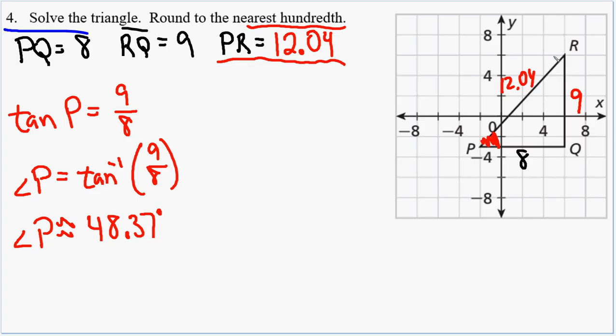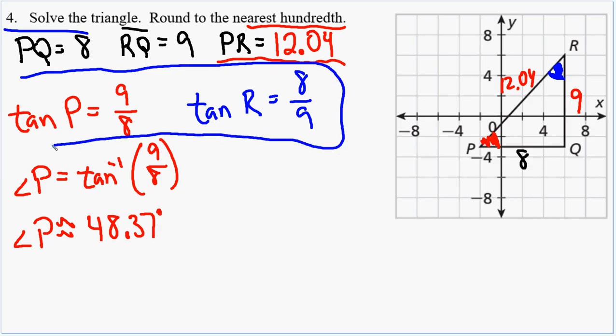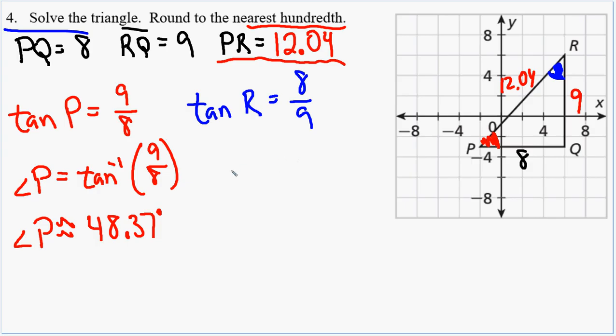Now I'm going to switch to blue ink, and I'm going to come up here to angle R. And from angle R, 8 is opposite, 9 is adjacent. So we're going to use tangent again. The tan of R is 8 over 9. Look at these. Those are just reciprocals. We move to the other angle, our tangent value flipped over.